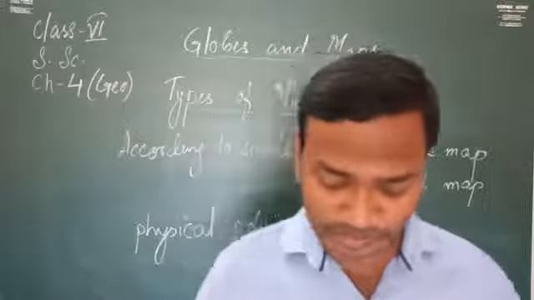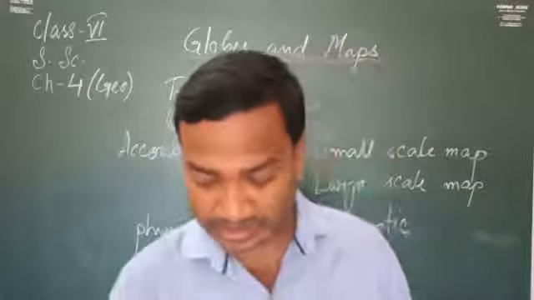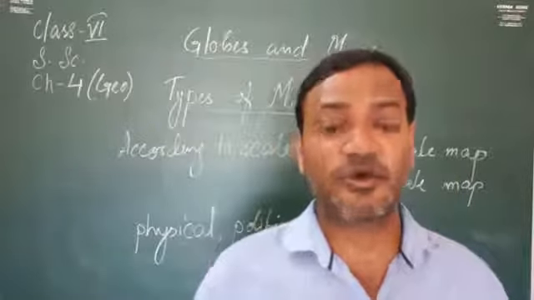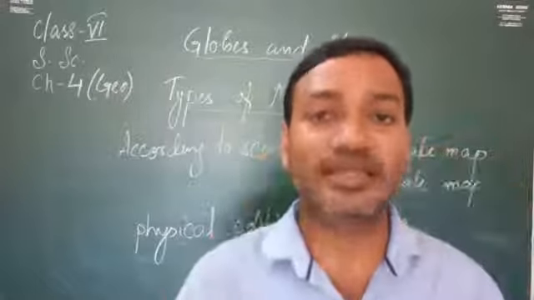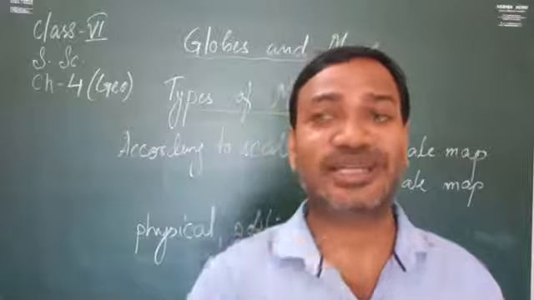The distance between any two points on a map is measured in centimeters. That means the distance between any two points on a map is always measured in centimeters. Why? Because the space is very limited on a map. Only centimeter is used.